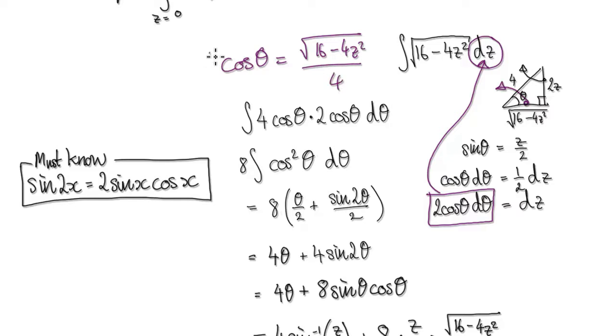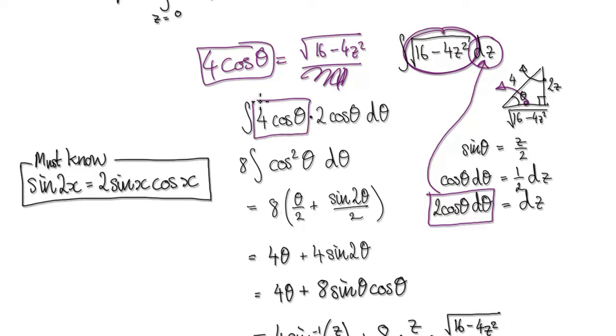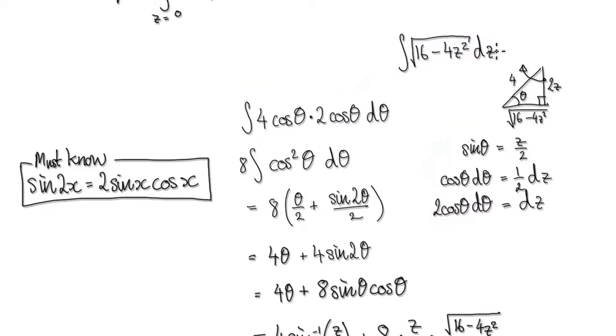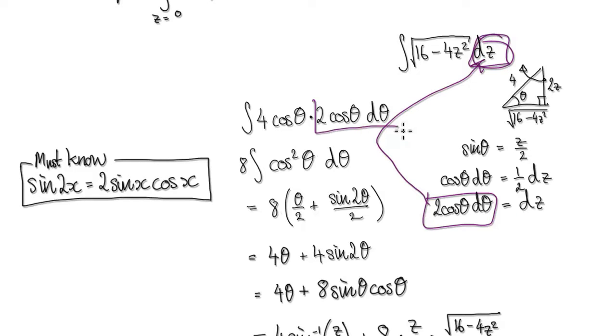So times both sides by 4. You see this square root thing is really 4 cos theta, and this dz thing is this thing here. So we can put this into the dz, giving you this.